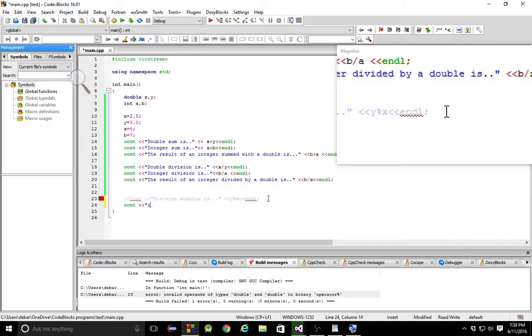Now we're going to do integer modulus. For integer modulus, we're going to try two different things. We're going to do 7 mod 4 first, or b mod a.